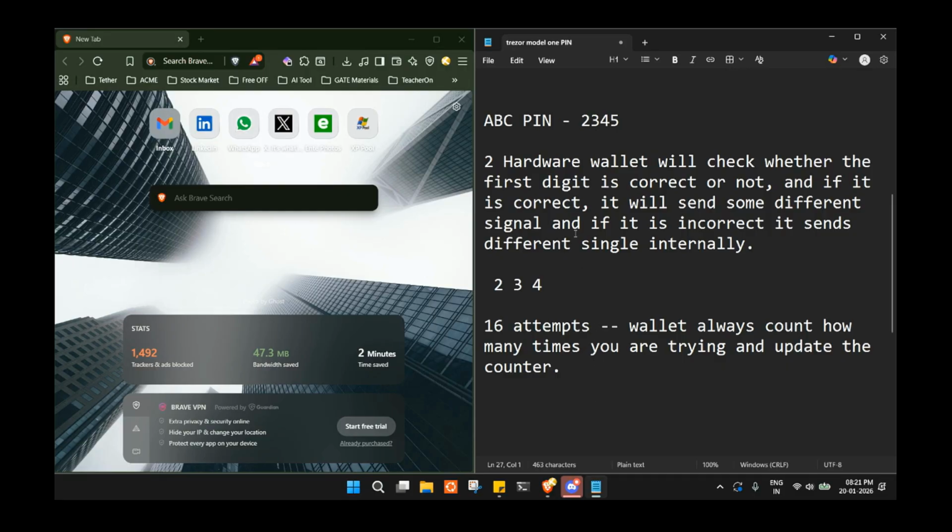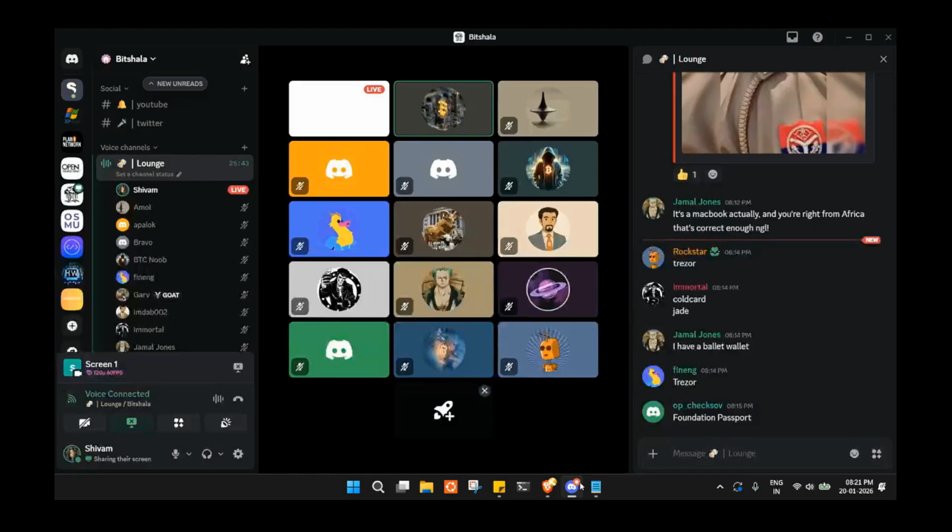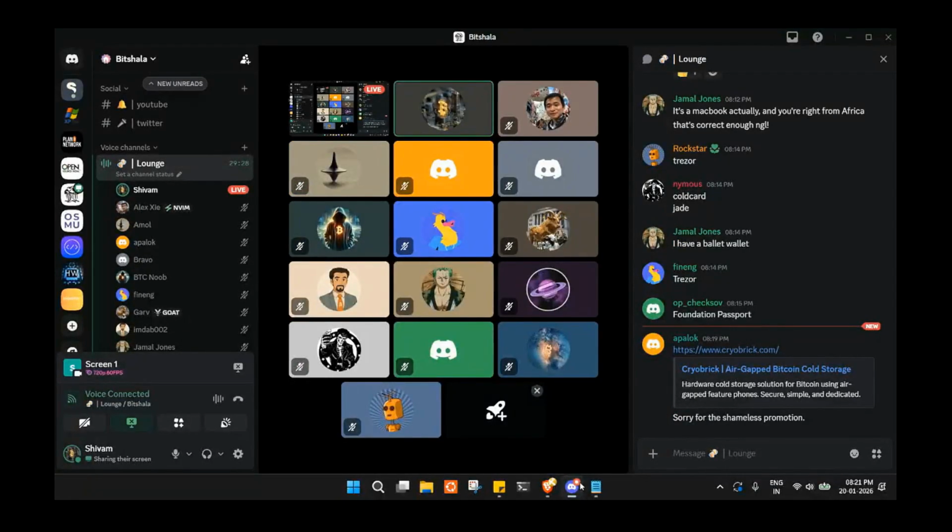This way, they are able to find the correct pin. And if you find the correct pin, then you can get all those coins inside the hardware. Means you can get access to the keys, and if you have access to the keys, you can do whatever you want. Anyone has any question or anything they can ask?